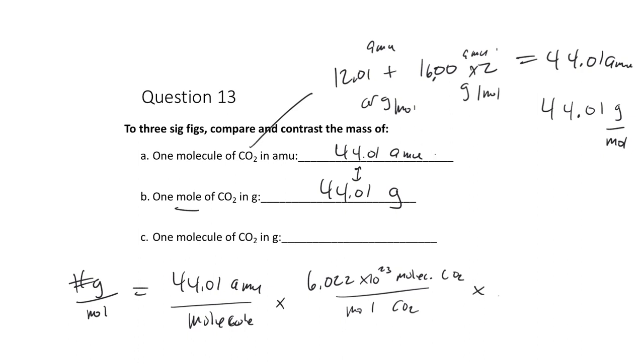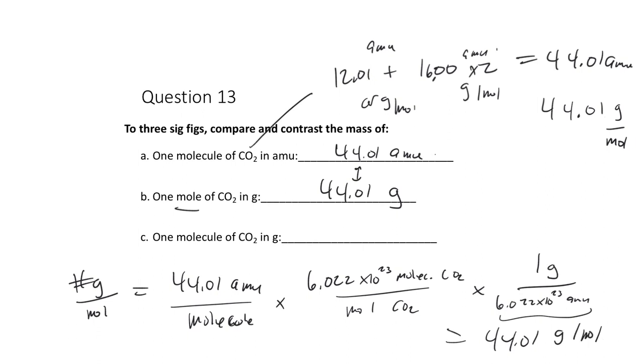And then we have an Avogadro's number of AMU per 1 gram. It's just a simple conversion factor for gram to AMU. So we're just multiplying and then dividing by Avogadro's number, and hence we get 44.01 grams per mole.